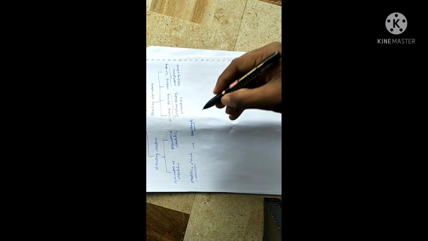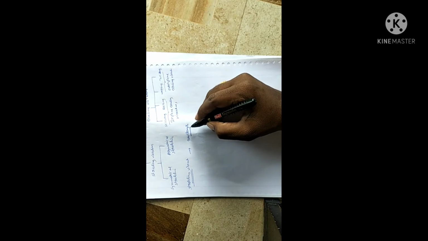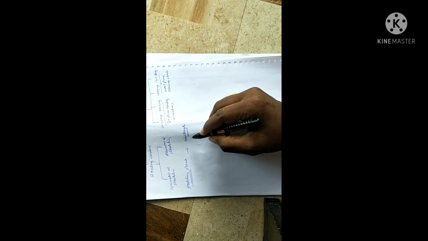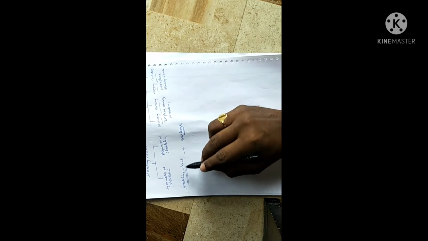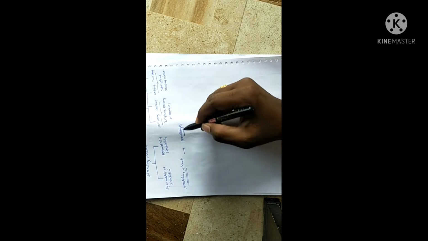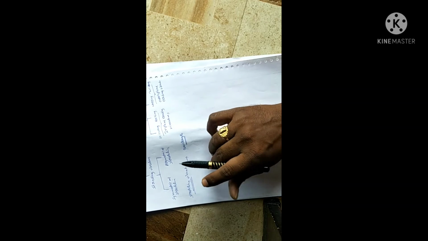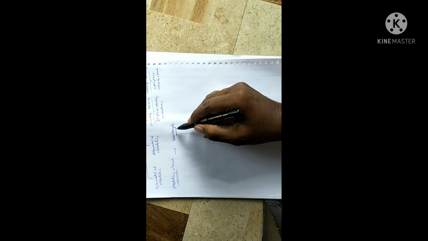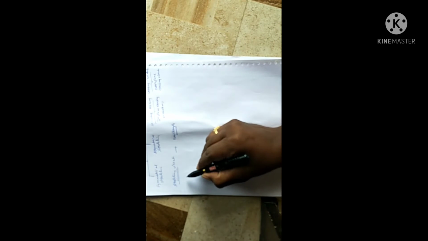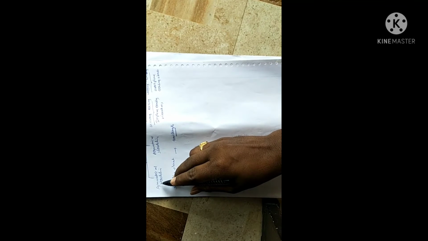Due to stretching, the bond length will change. This type of change is called stretching vibrations. Due to vibrations in the molecules, if the bond length changes, the type of vibrations are called stretching vibrations.